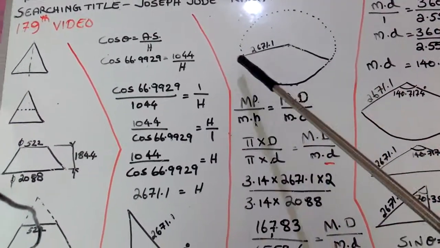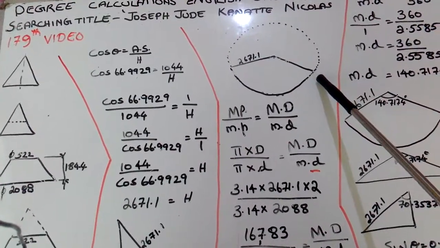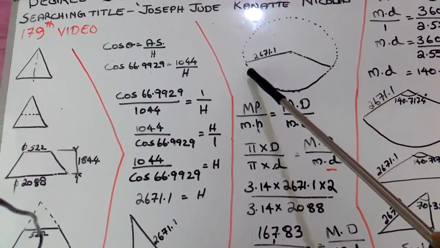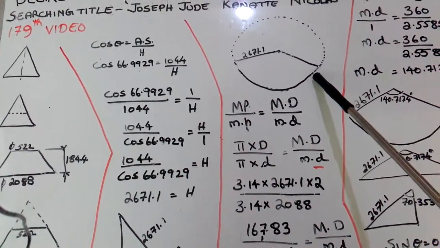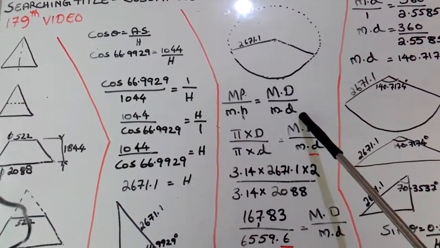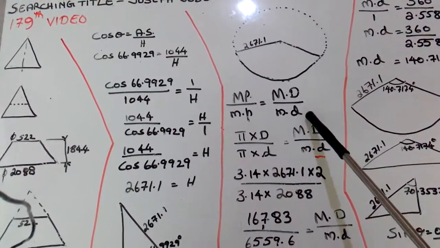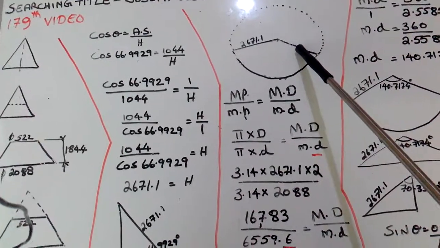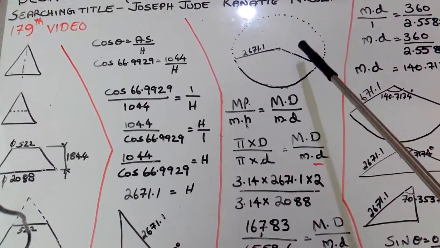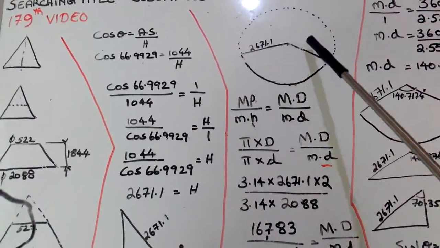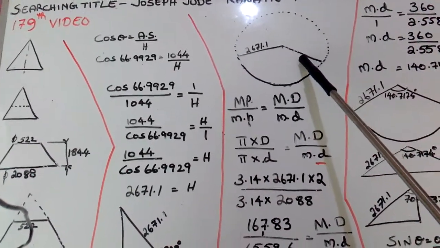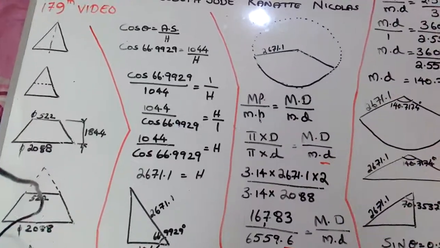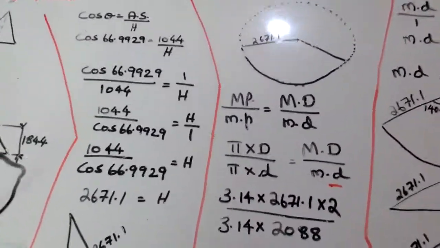If this major perimeter is 4 times bigger than this small perimeter or minor perimeter, in the same way we can say about major degree by minor degree here. The major degree will be 4 times bigger than this minor degree also.